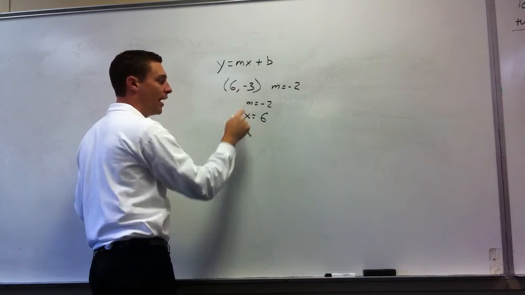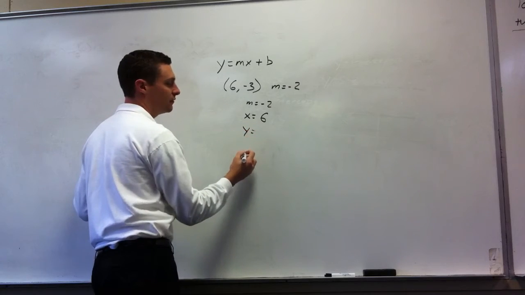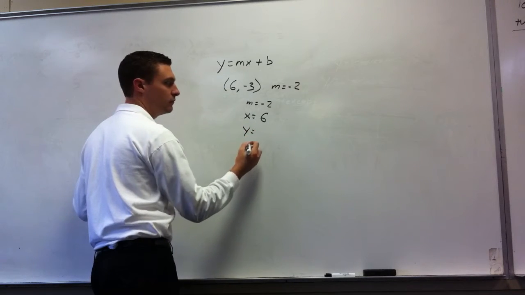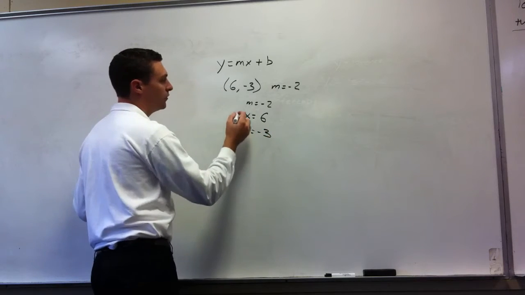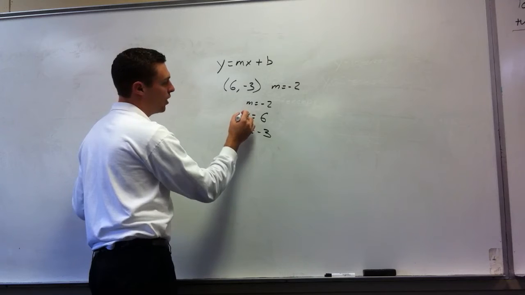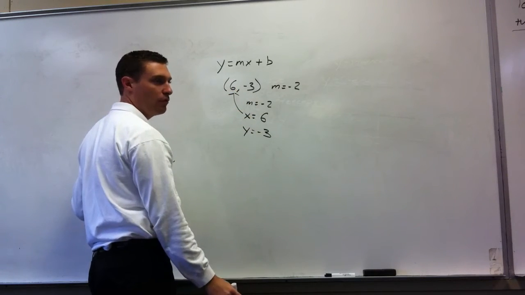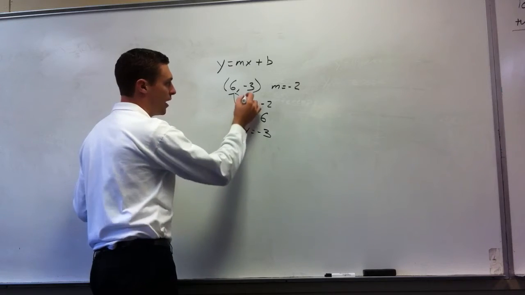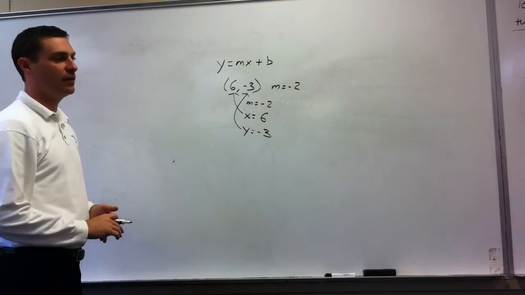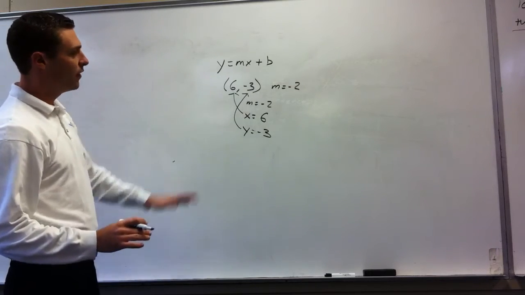It's always X, Y. So X is 6, Y is -3. Good. To remember where we got these from, why don't you draw an arrow from your X up here to 6 to show that that's where we pulled it from, and then draw an arrow from your Y to your -3, just in case later you go, where in the world did I get these things from? There it is.